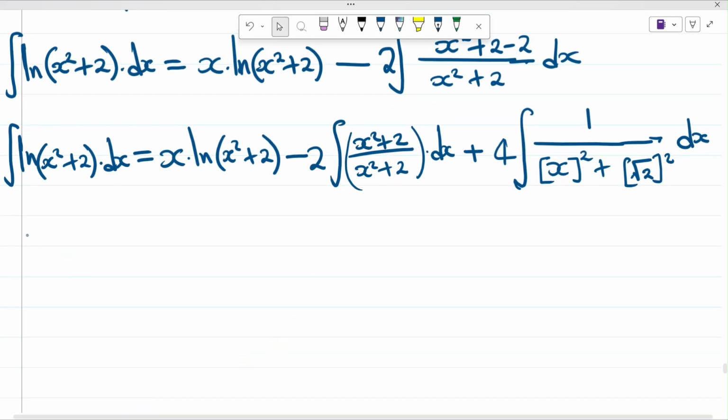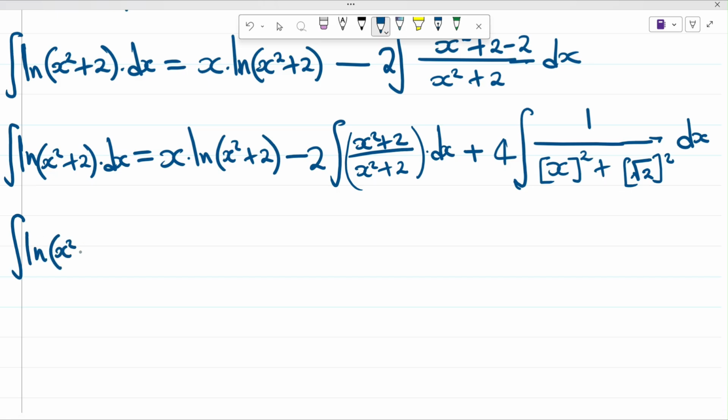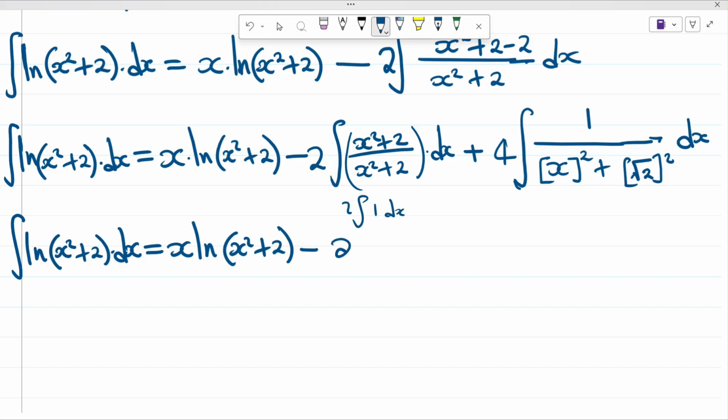Now we're integrating everything. So let me copy this. This is going to be ln of x squared plus 2, of course, dx, which is equivalent to x ln of x squared plus 2 minus, so this is the same as 2 integral of 1 dx, right? When we integrate that, that's just going to be 2x.